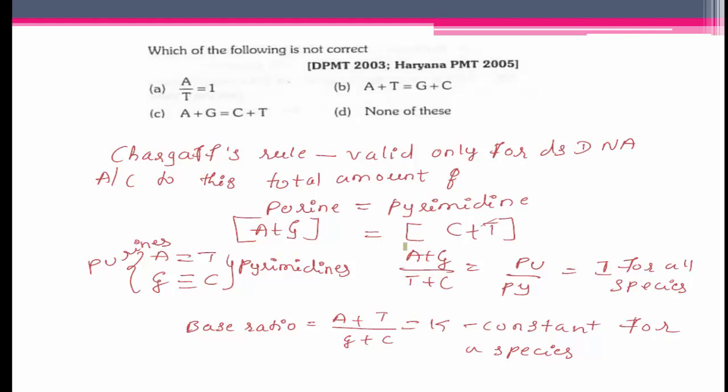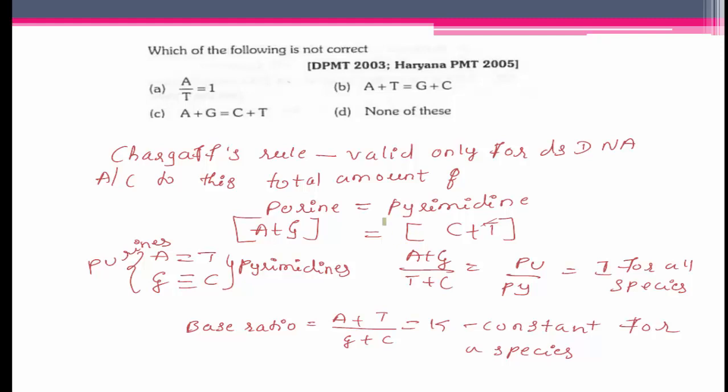It remains 1 for all the species. A plus T divided by G plus C. A plus G is equal to C plus T. Total purine content is always equal to total pyrimidine content, because adenine and guanine are the purine nitrogen bases. Cytosine and thymine are the pyrimidine nitrogen bases.